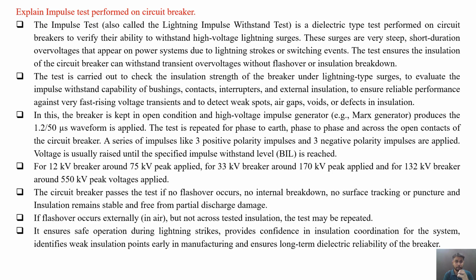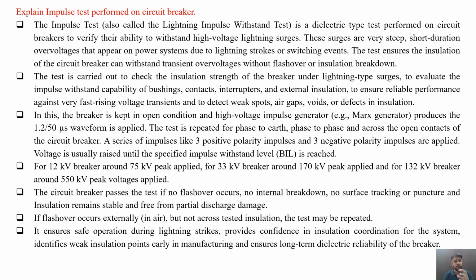A series of impulses, like 3 positive polarity impulses and 3 negative polarity impulses, are applied. Voltage is usually raised until the specified insulation withstand level, that is the basic insulation level BIL, is reached.